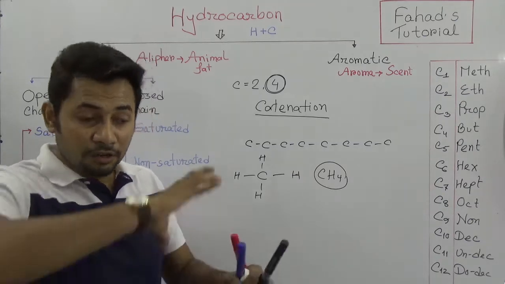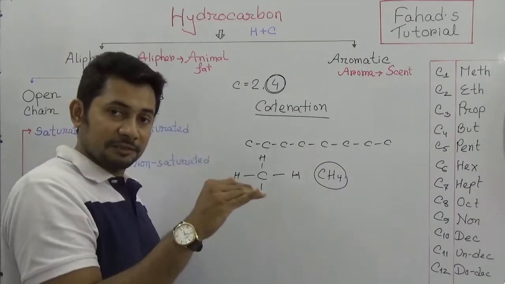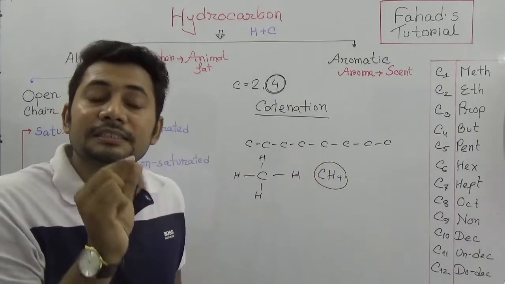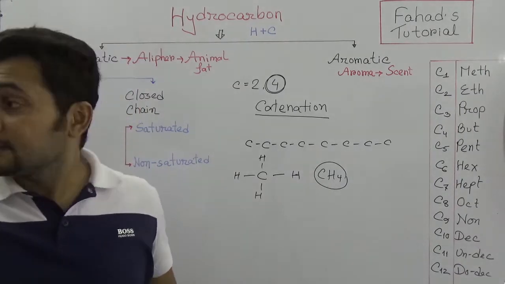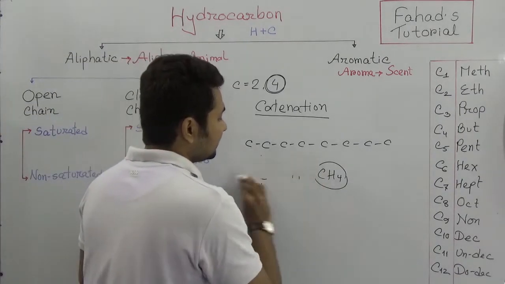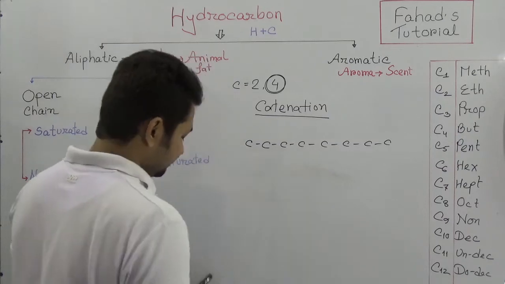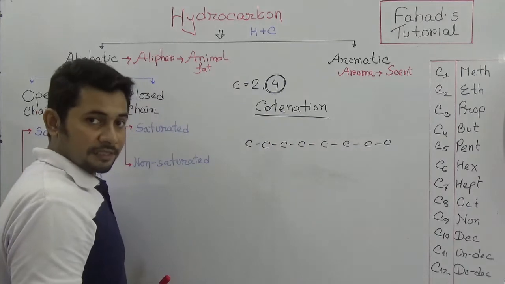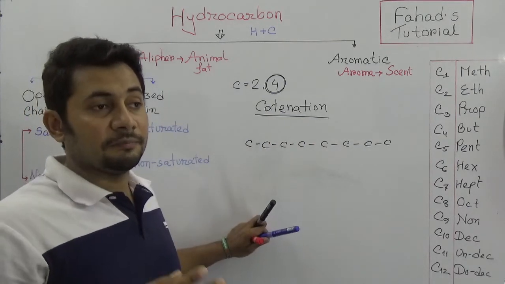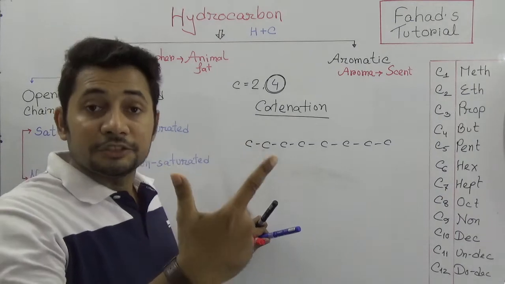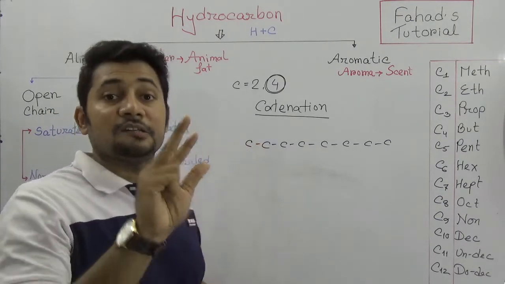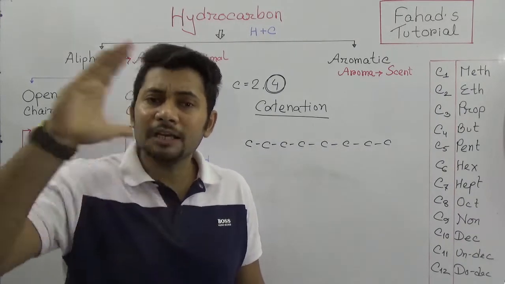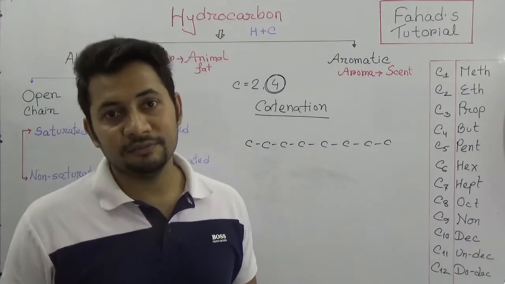I'm coming with a lot of explanation after that. Before going to explain, this property of carbon making chains is known as catenation. Now, I already said in my previous video that catenation, isomerization and polymerization are three properties, and that is why the number of organic compounds is much more than inorganic compounds.